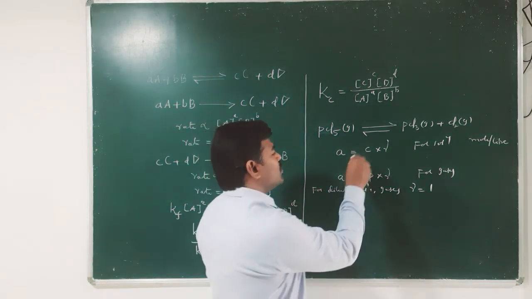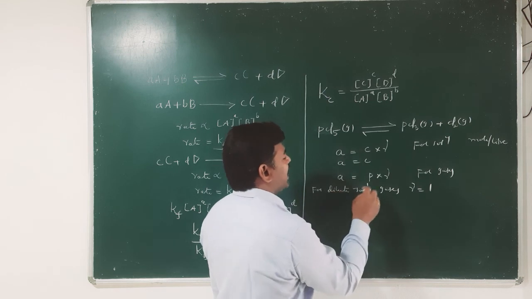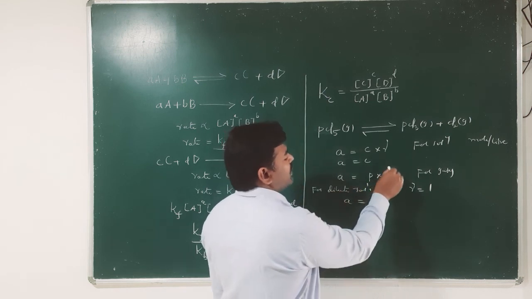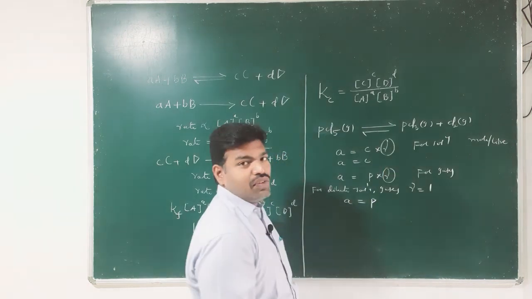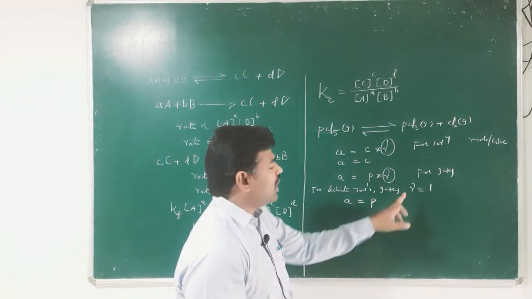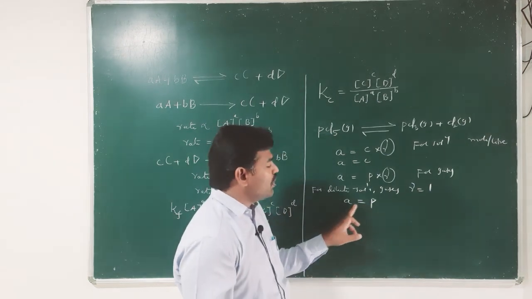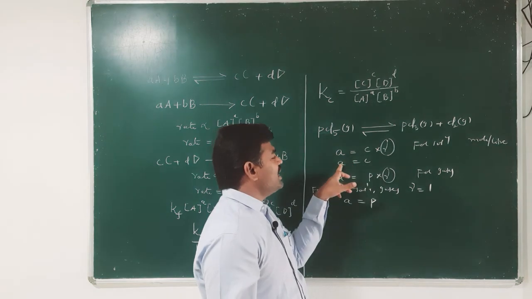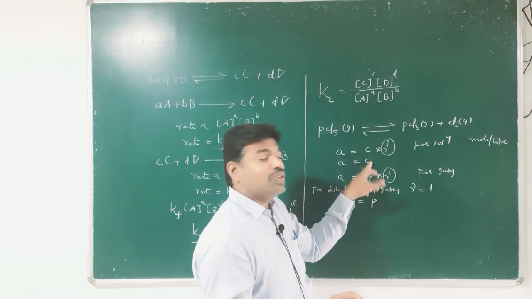So, for dilute solutions, A becomes C, and for gases, A is equal to P, because the coefficient gamma is equal to 1. So, activity is equal to pressure in case of gaseous reactions, and activity is equal to molar concentration if the reaction takes place in solutions.